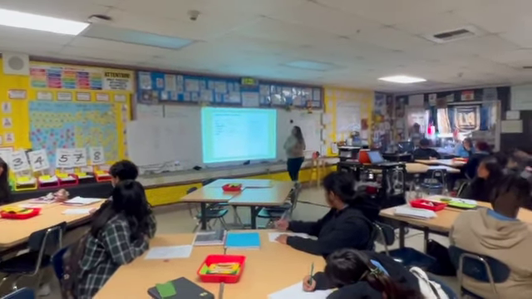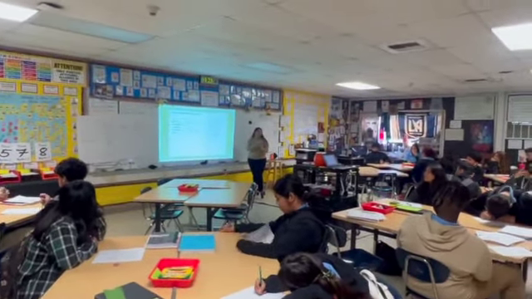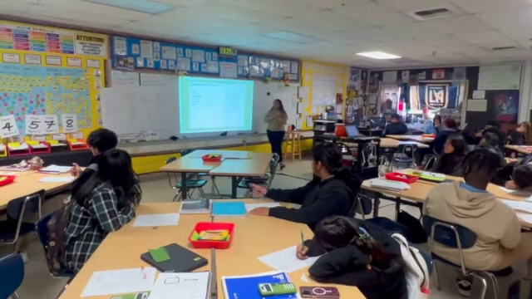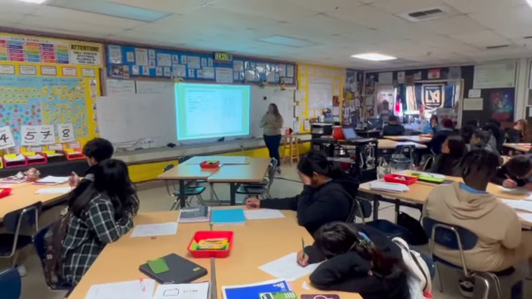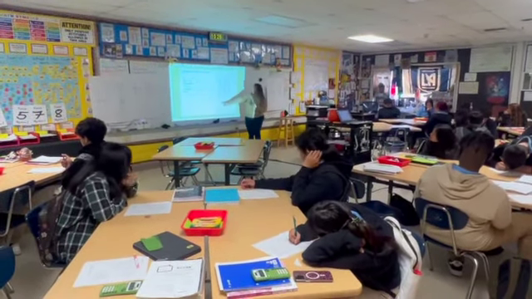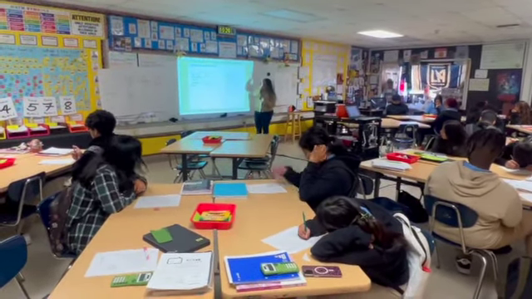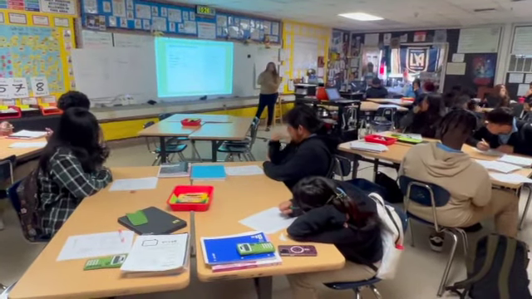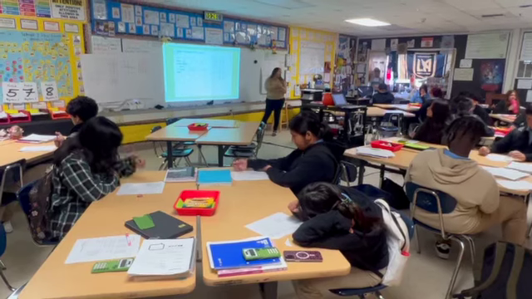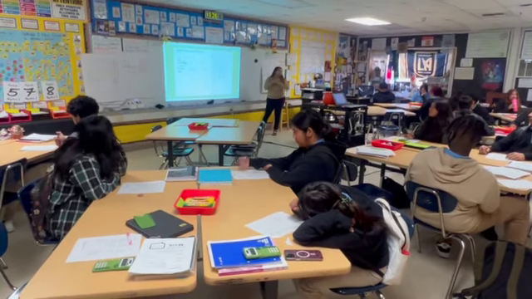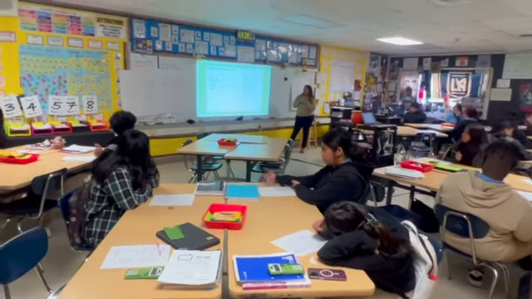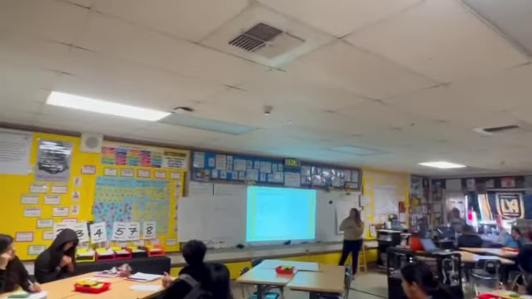And is this graph even? Why or why not? So it is even because our degree is an even number. And what about our end behavior? Is it increasing, decreasing? Is it doing both?